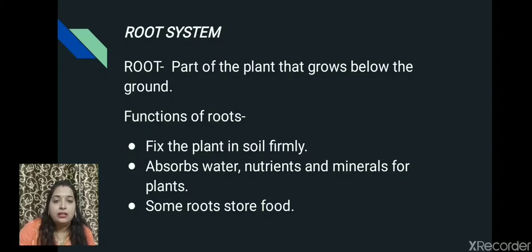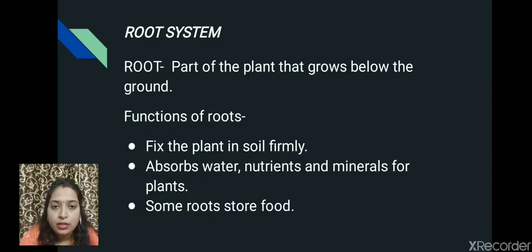The next function of roots is that roots absorb water, nutrients and minerals from the soil. You know that plants prepare their own food. How do they make their food? We have studied in our previous class. They use air, water, nutrients and minerals.